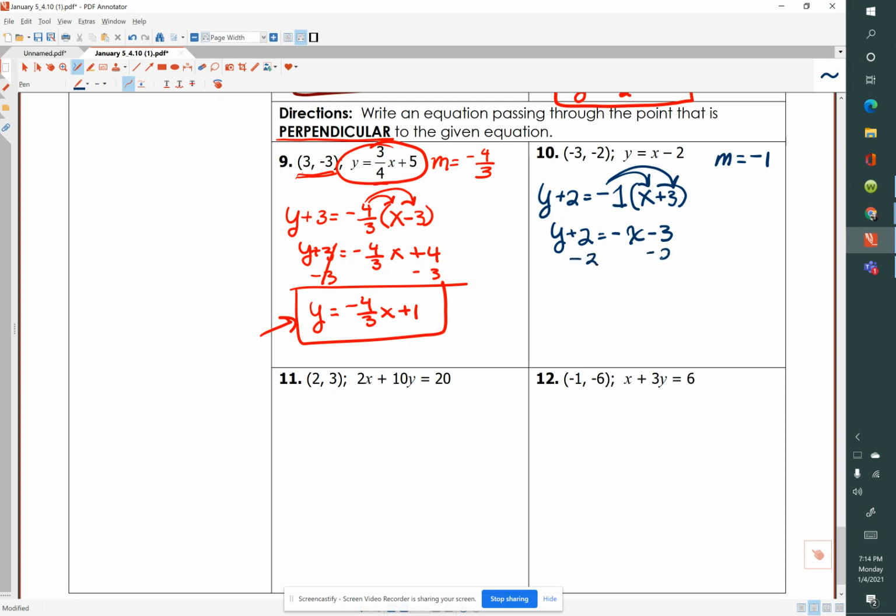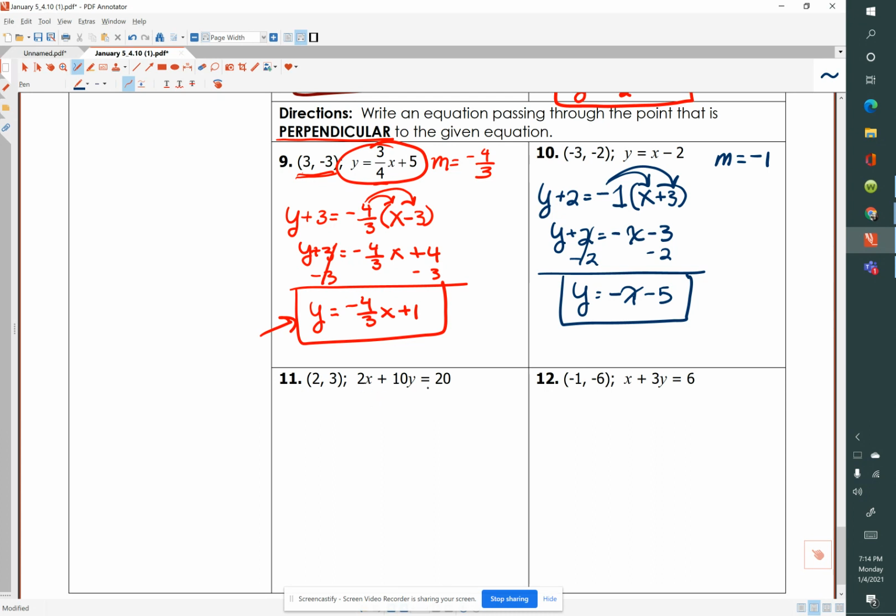Subtract 2 from each side, and we are left with y equals negative x minus 5. And that's our final answer. There we go.